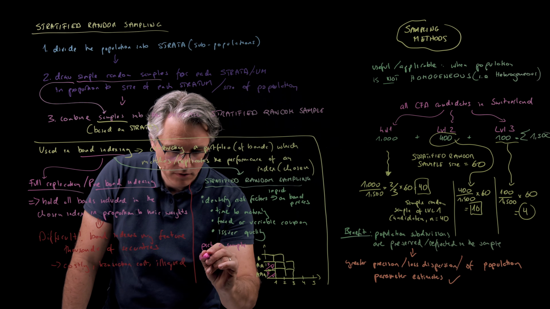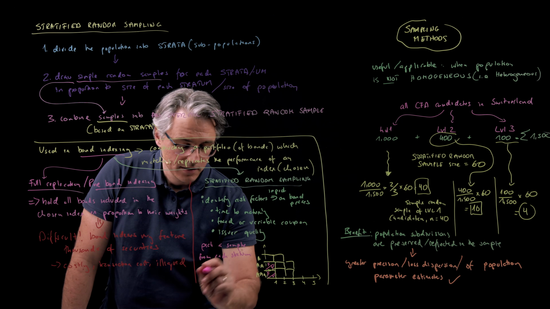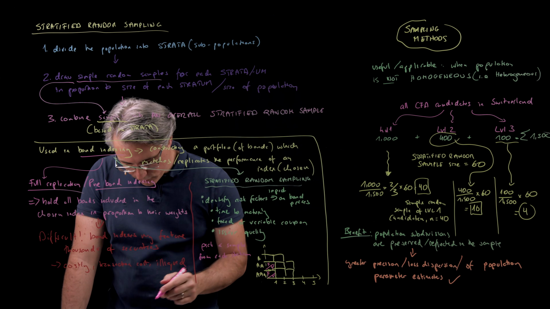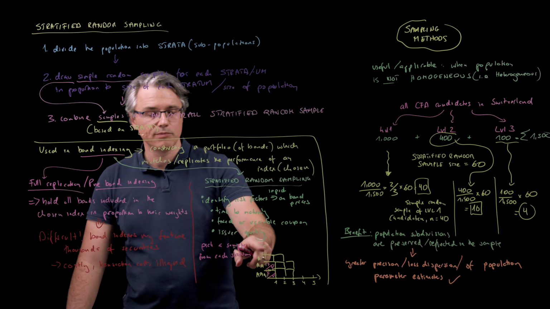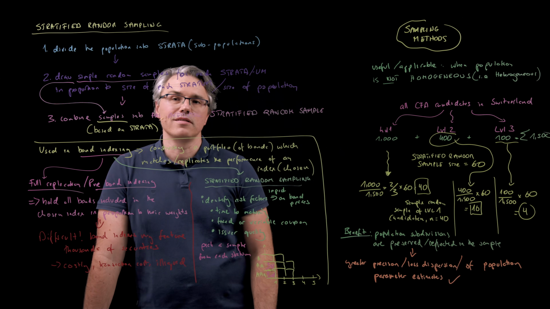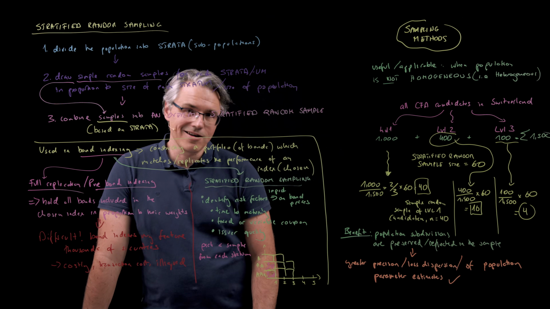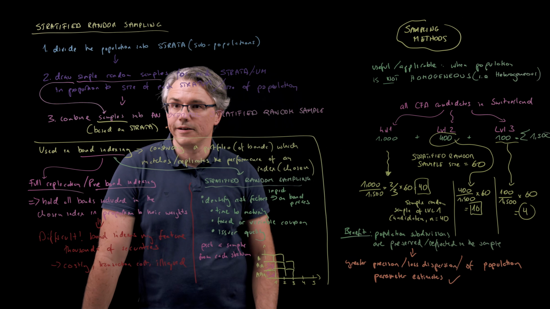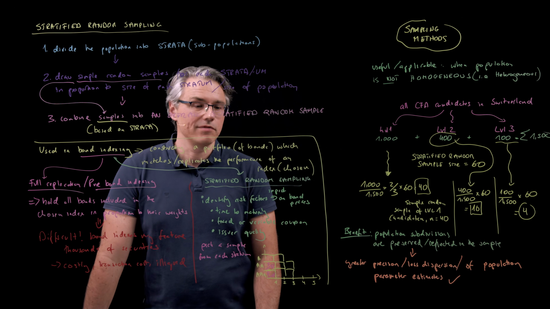Pick a sample from each stratum, and obviously in the right proportion, put it into your portfolio in the proportions in which these strata are represented in the index. There is a nice example in your curriculum of this. I think it's example 1 in this relevant reading on sampling methods. So if you want to have a look at it.